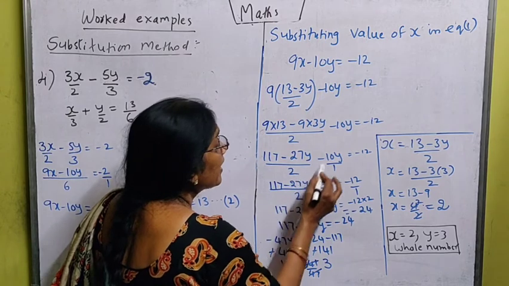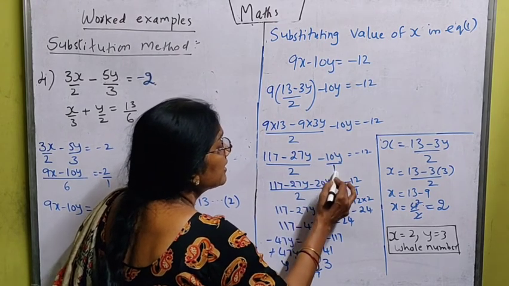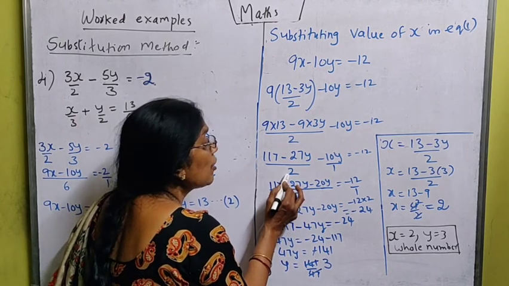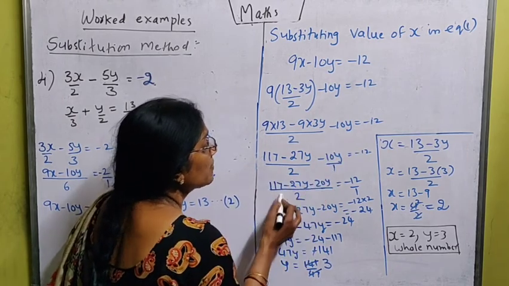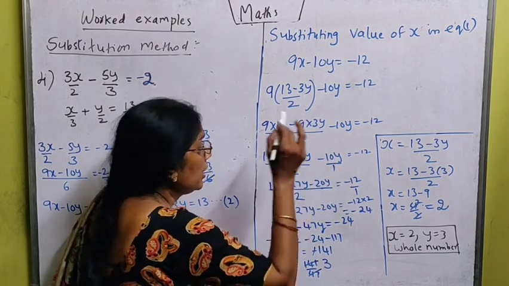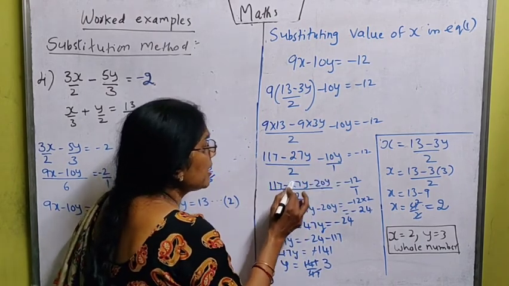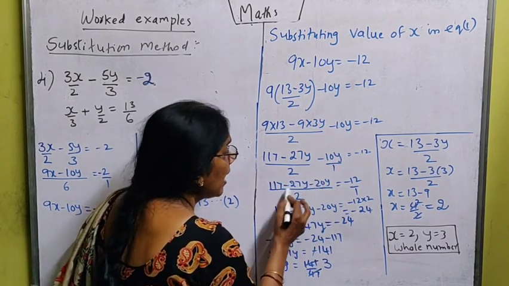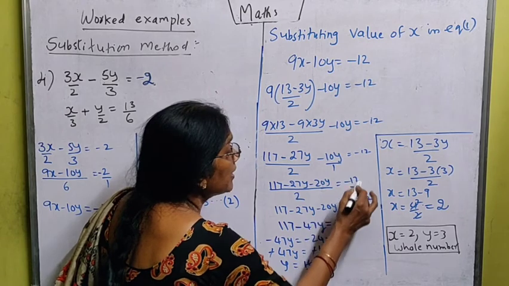For these two we will take the LCM. Nothing is there means 1. When 1 is there and another number is there in the denominator, what I told you, do cross multiplication. So 117 minus 27y into 1, you will get the same 117 minus 27y. 2 into minus 10y will get minus 20y, whole divided by 2 is equal to minus 12.